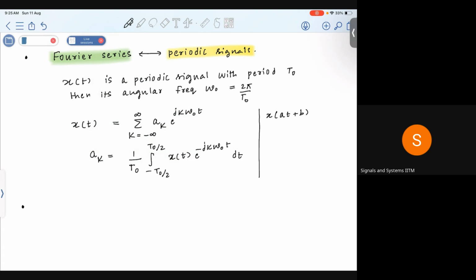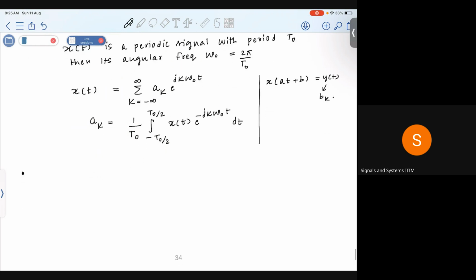If a k's are the coefficients for x of t, and you call this y of t with coefficients b k, you can relate the coefficients b k's and a k's. Those are certain properties for Fourier series.